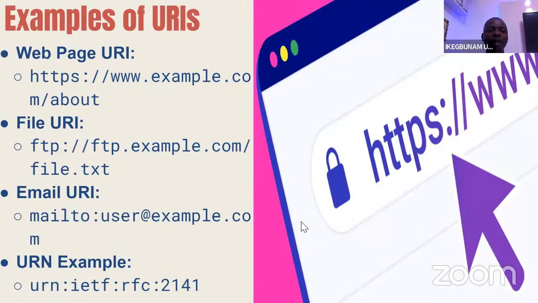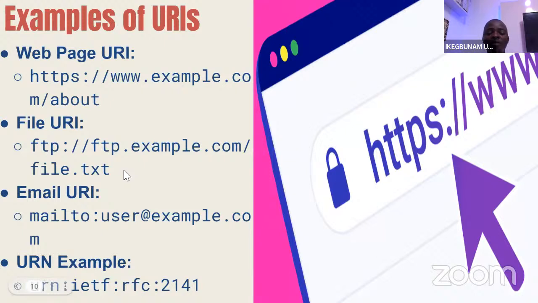Examples of URIs, okay, web page like www.google.com/about is an example of a uniform resource identifier. For when it begins with HTTP, you are talking about a web page uniform resource identifier. Then for file URI, it starts with FTP.